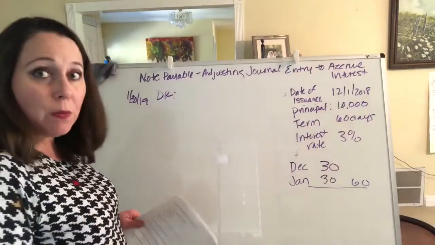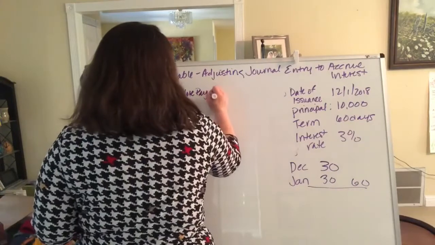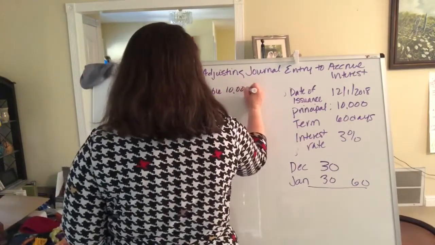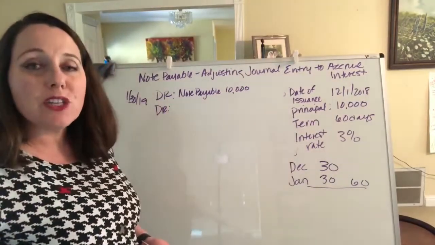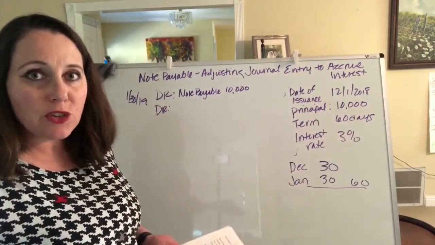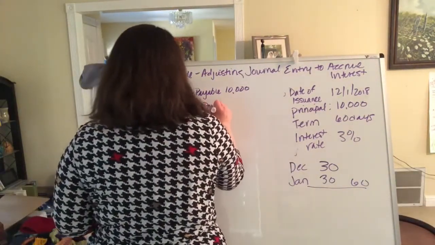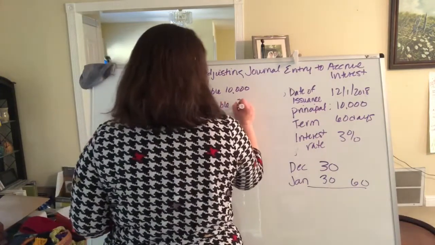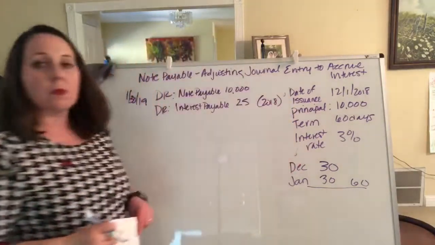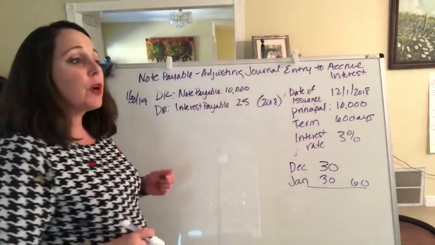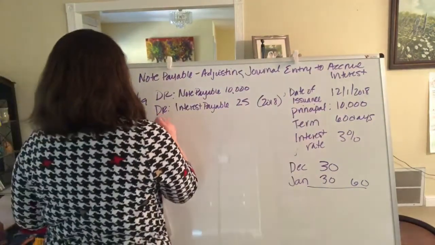We're still going to debit note payable for the amount of the principal. Then we're going to debit interest payable for the 2018 interest we already accrued. Then we're going to debit interest expense for the January interest.